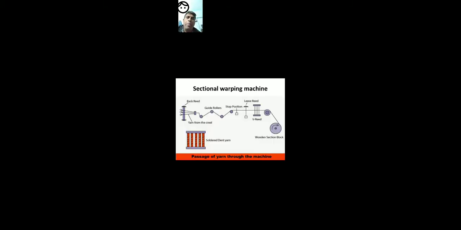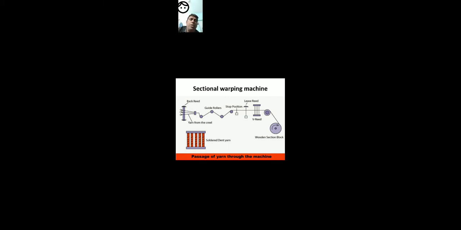Warping is done with 400, 400, 400 of 6 different colors, wound onto the warping drum, and from there it is beamed in the next beaming operation.